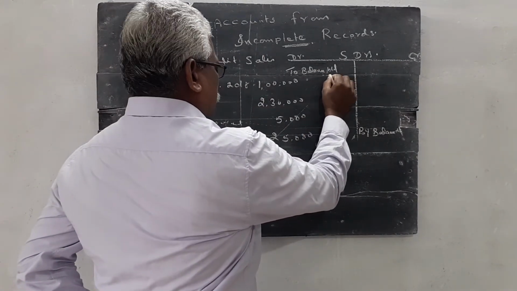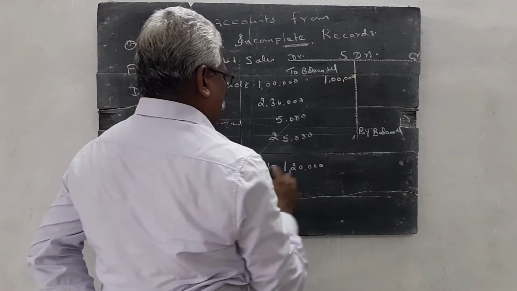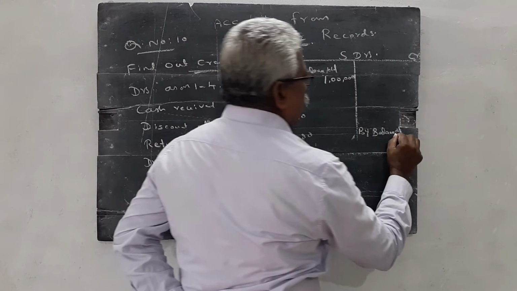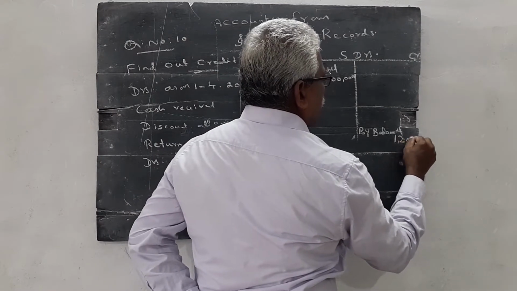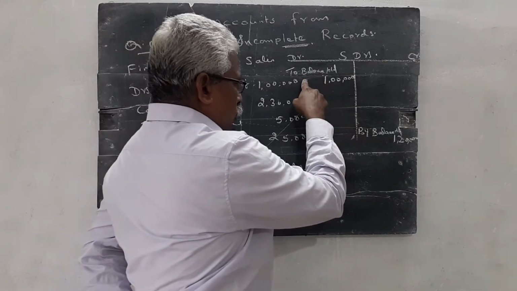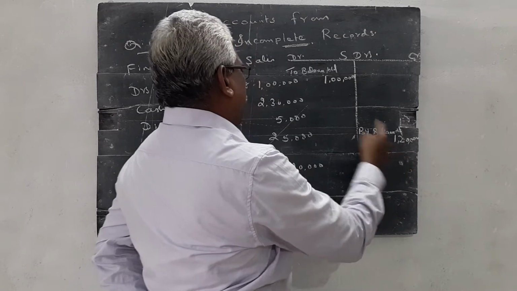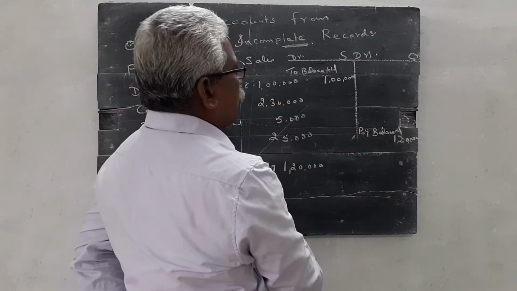So, to balance brought down 1 lakh. By balance carried down 1,20,000. Opening balance is entered in the debit side, closing balance is entered in the credit side. These two pieces of information are given in the question.